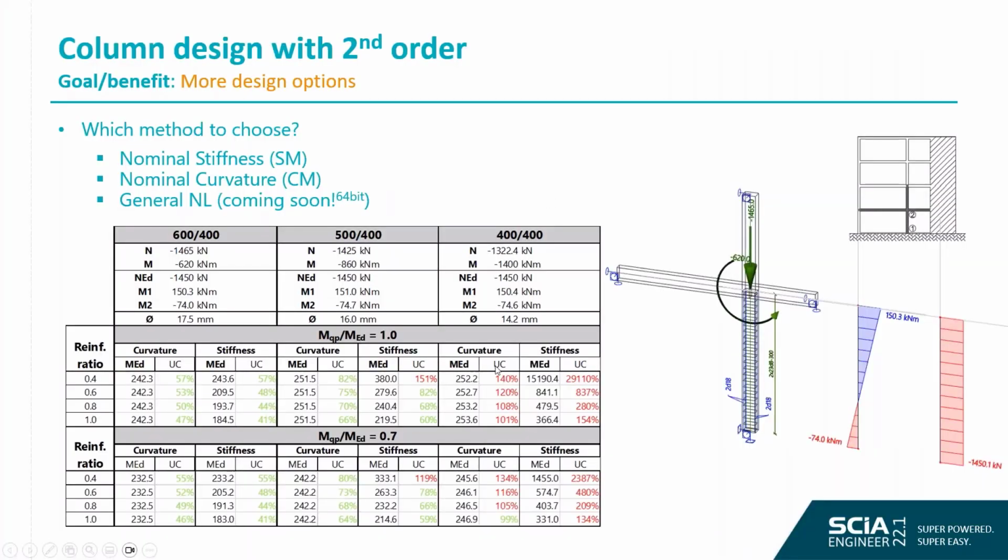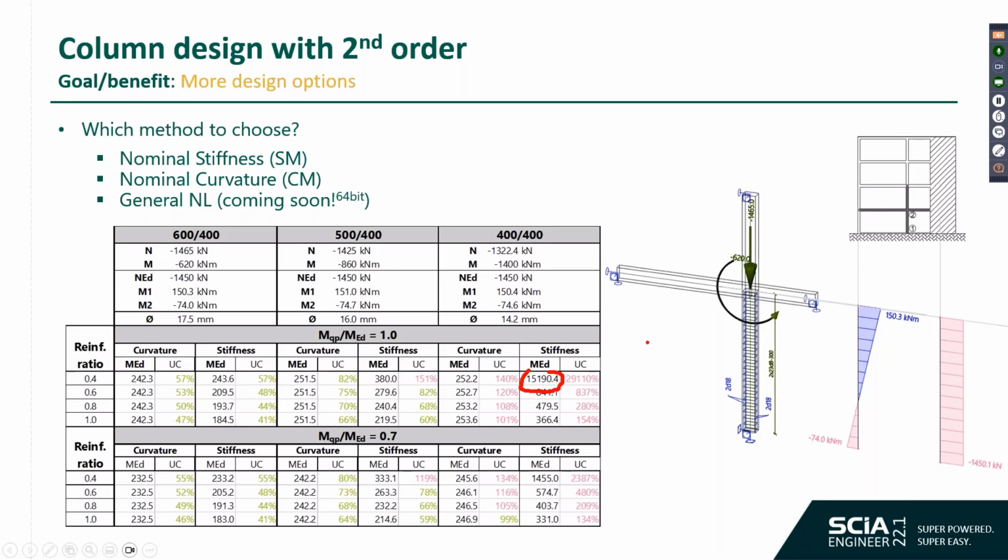And it's interesting to see that for both methods, if we have, for instance, cross-section 400 to 400, the results are somehow corresponding. You can see that nominal stiffness method is very conservative, and mainly it's not usable when the applied axial load is very close or even bigger than the nominal buckling load. So that's the reason why here is such big value.